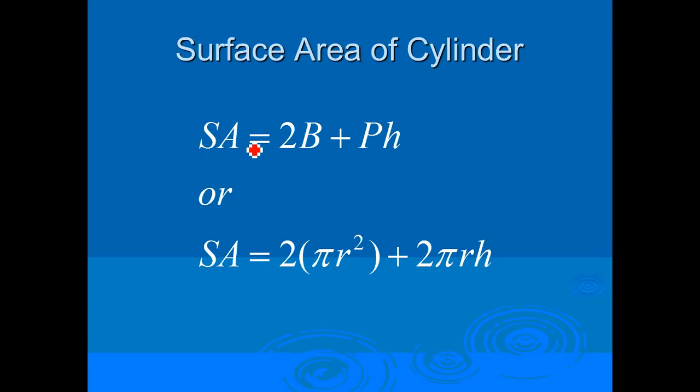One more time, it's the same formula as prisms, 2 area of the base plus perimeter times the height. But we know the area of the base is going to be pi r squared because it's a circle. And we know the perimeter is 2 pi r because that's the circumference or perimeter of a circle. So this is the surface area idea for a cylinder.